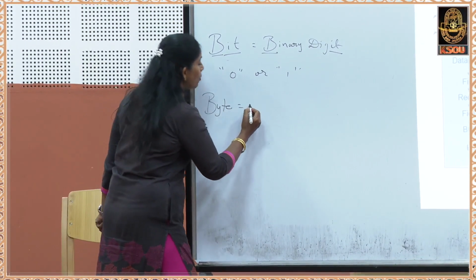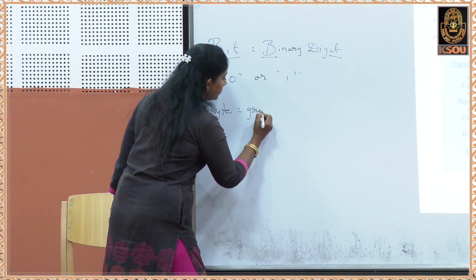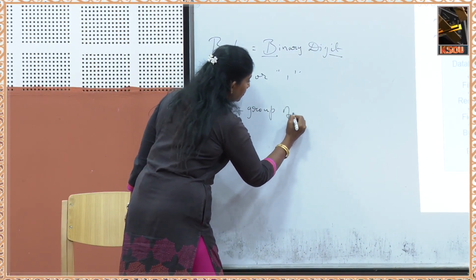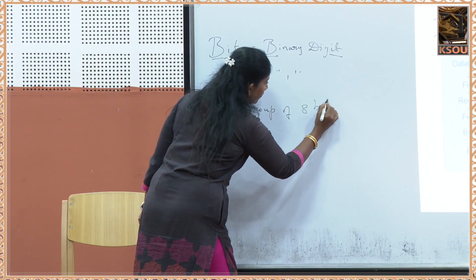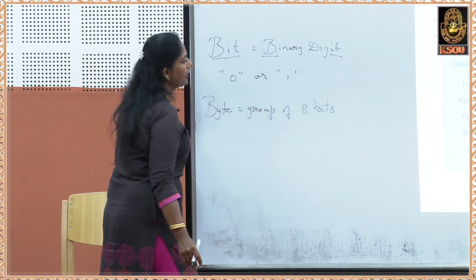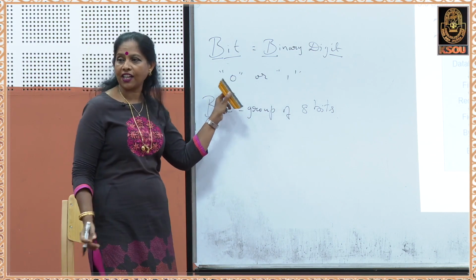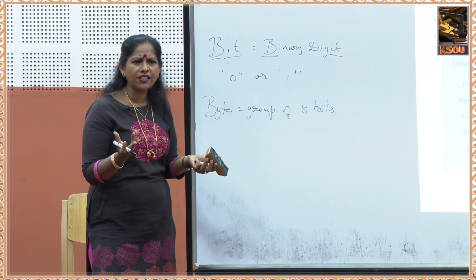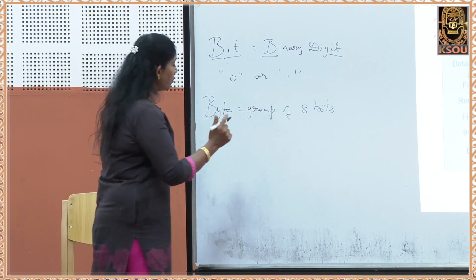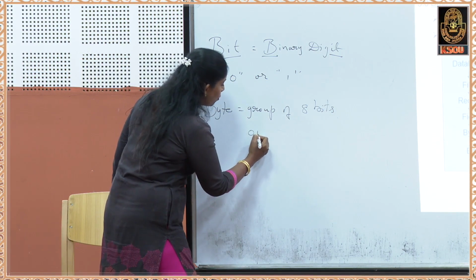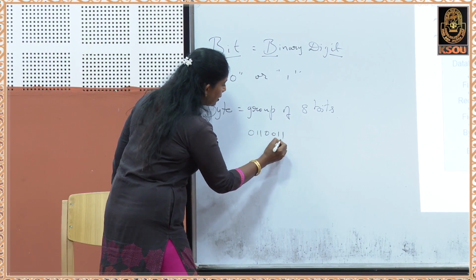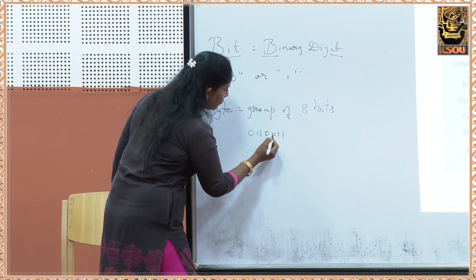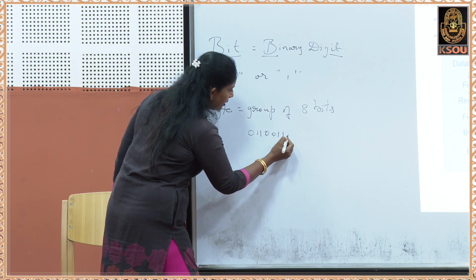Byte is a group of 8 bits. 8 bits means, see, this is bit, right? 8 bit means group of zeros or ones. It should be 8. Okay, length should be 8. I can write 0, 1, 1, 0, 0, 1, 1, 0, and number them 1, 2, 3, 4, 5, 6, 7, 8.